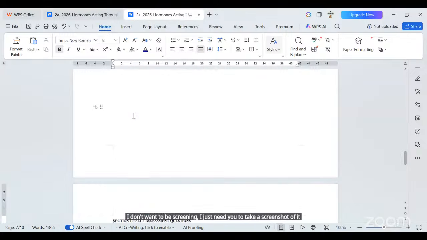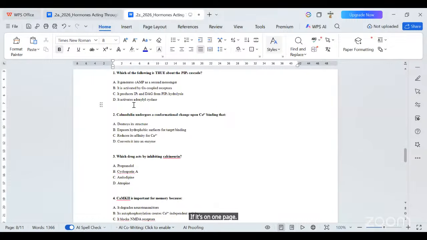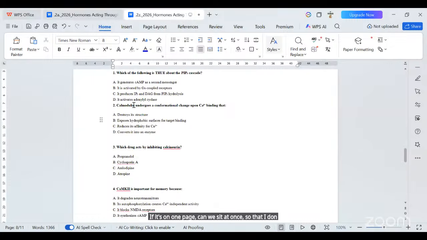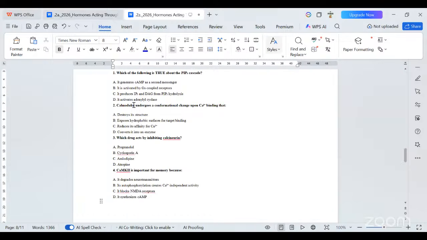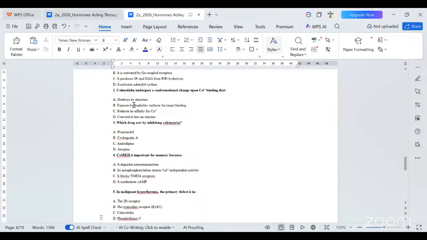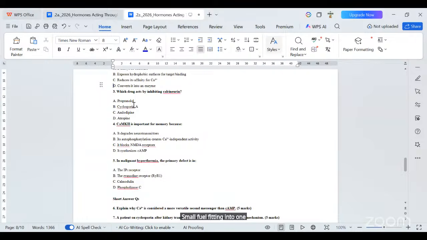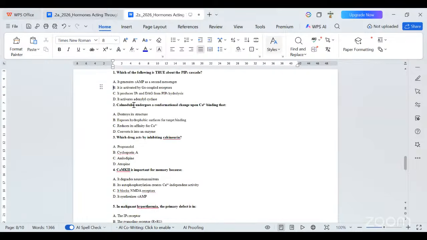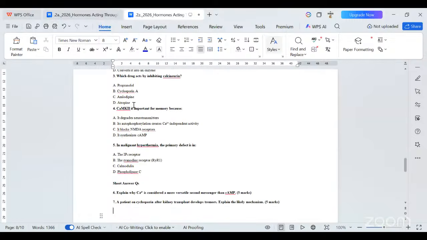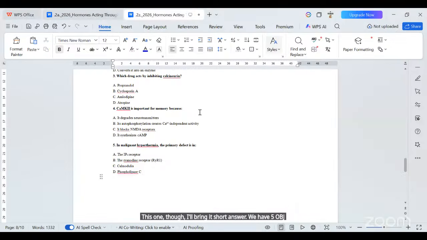Let me see if I move to the next page. If it's on one page, can we see it at once so that I don't have to be scrolling up and down? Wow. It's still not fitting into one. You know what I'll do? This one down, I'll bring it up. We have 5 objective questions and then 2 short answer questions.